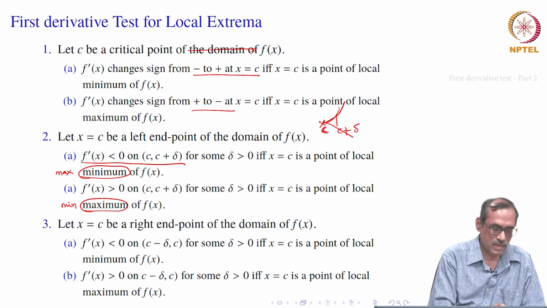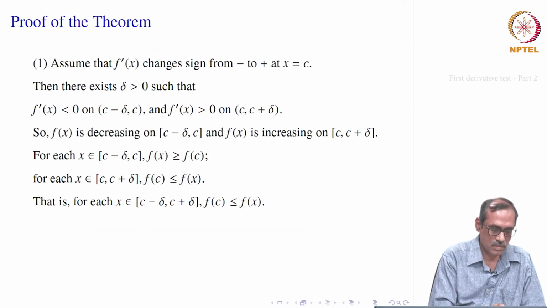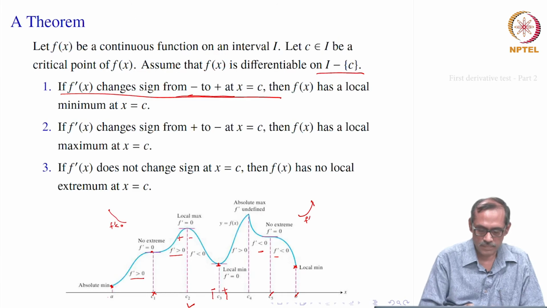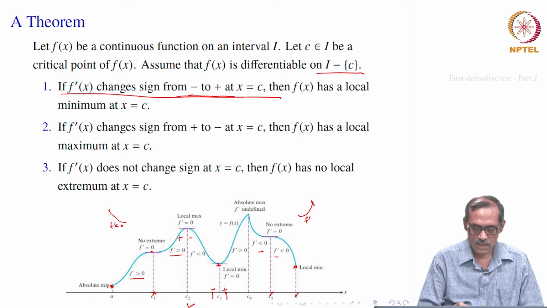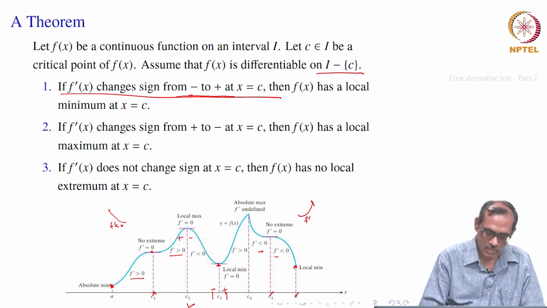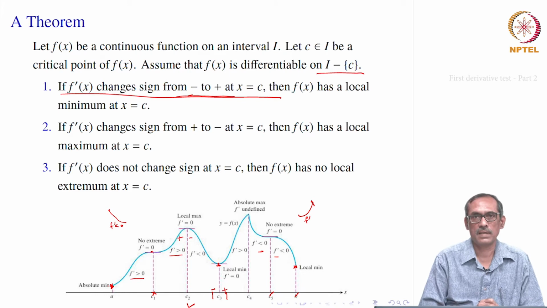We can find from the picture if there is some problem, of course. You look at the picture, here you have the left endpoint a, what is happening? f prime is bigger than 0 on the right neighborhood. Once that happens, it is bigger than 0, and that should be a local minimum here.